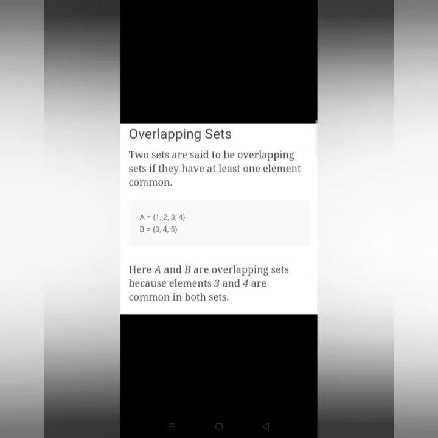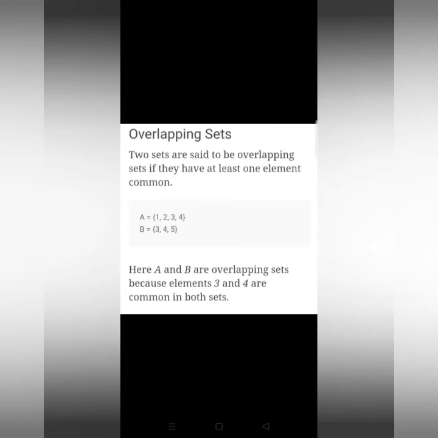Two sets are said to be overlapping if they have at least one element common. Here A is equal to 1, 2, 3, 4. B equal to 3, 4, 5. Here 3 and 4 occur in both sets. Therefore, they are overlapping sets.